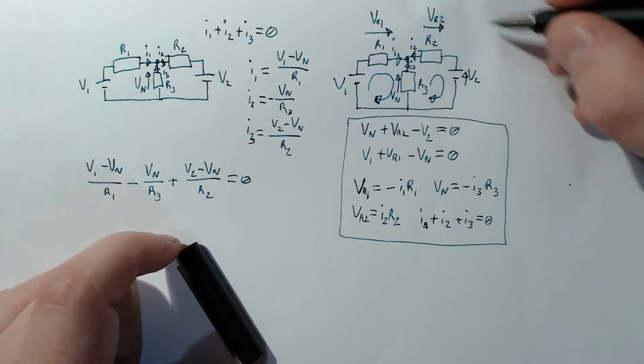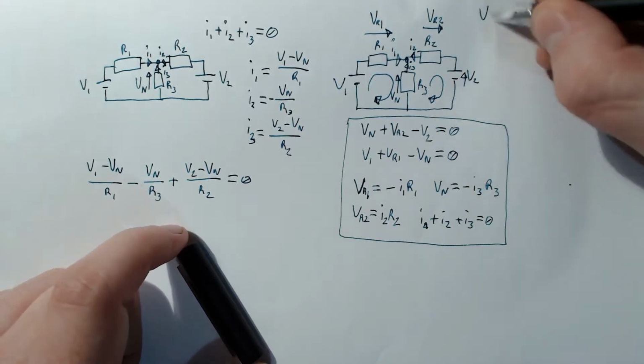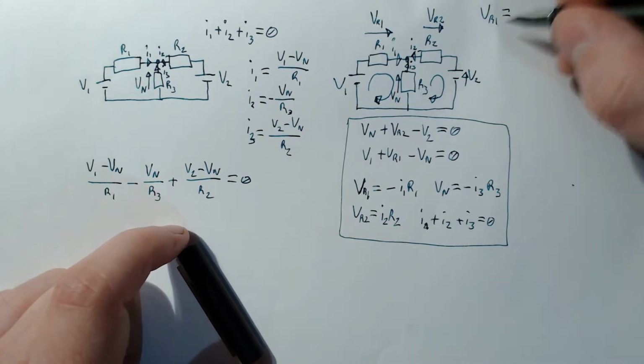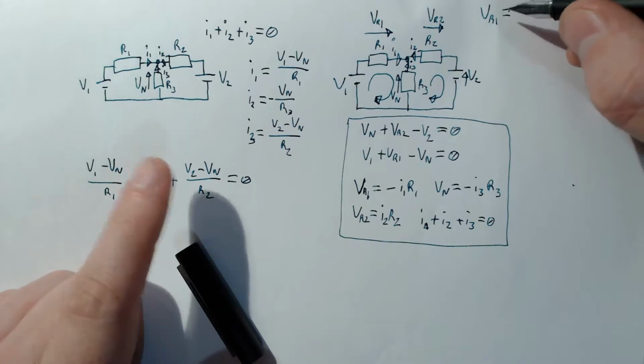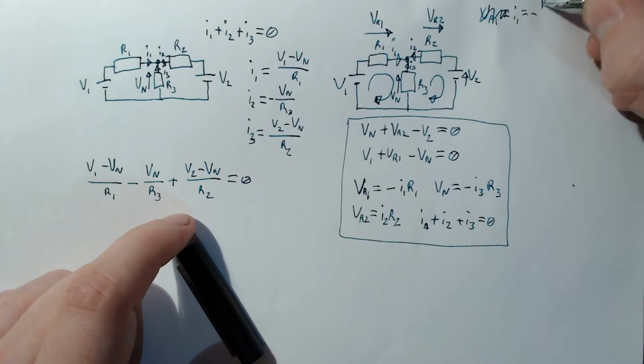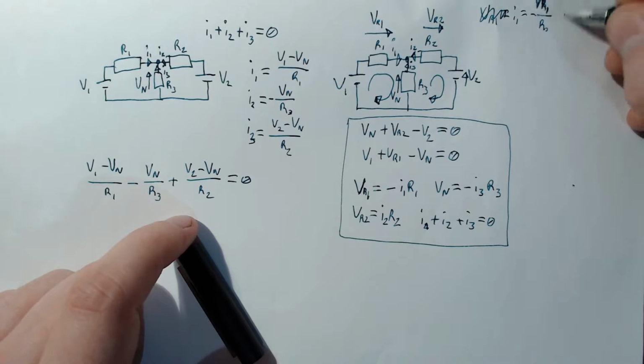Let's do that here. Therefore, I1 equals minus VR1 over R1.